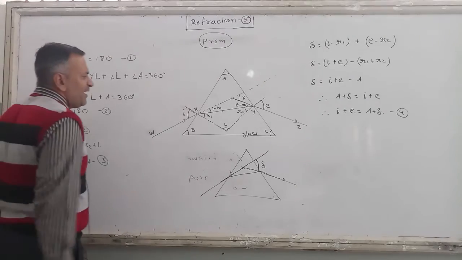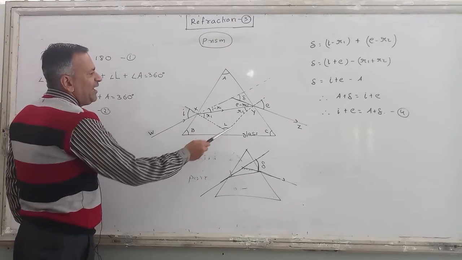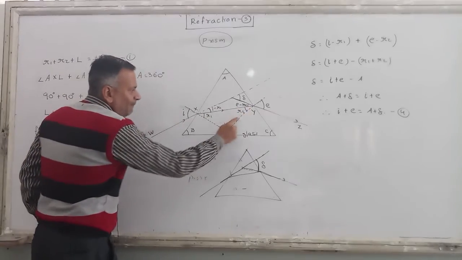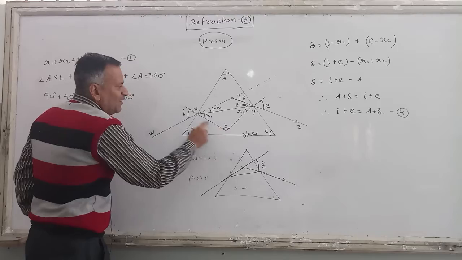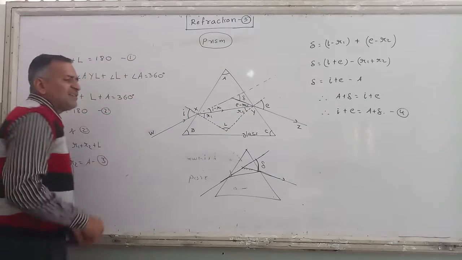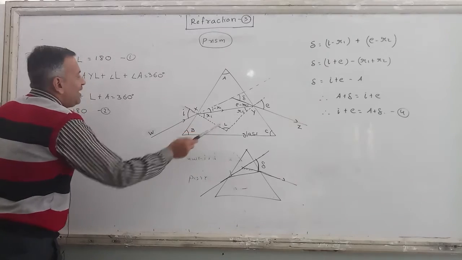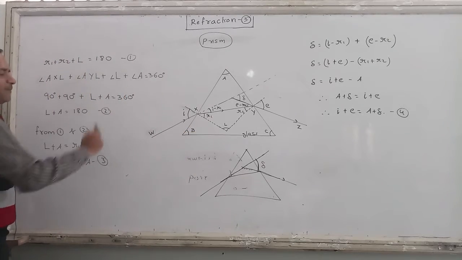ये वाला ट्राइंगल देखो जरा, X L Y, see this triangle, what is the sum of the three angles? 180. So R1 plus L is equal to 180.